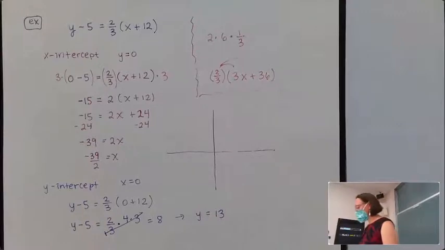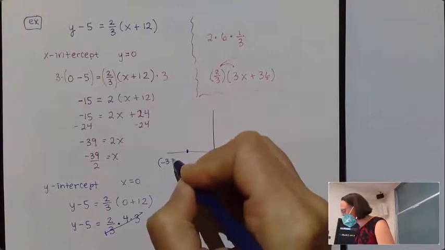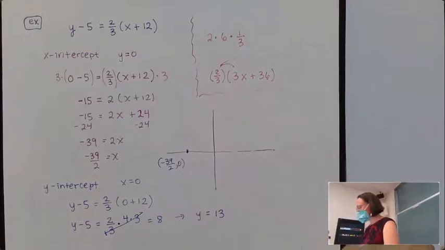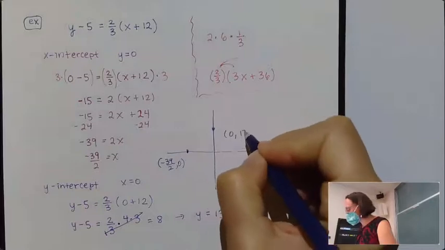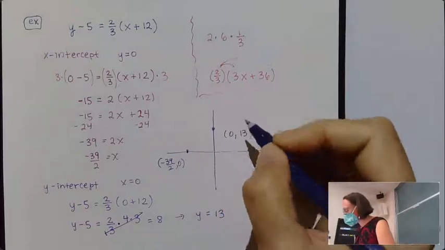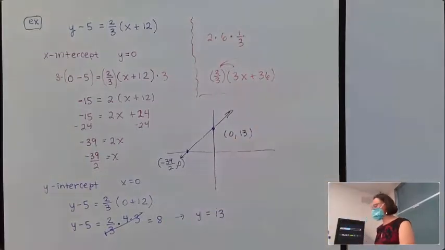But if I just label it as -39/2, 0, and then I just label this as 0, 13, I'm good. There's my line.